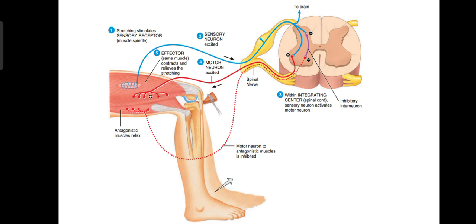A stretch reflex is a spinal reflex with one sensory neuron synapsing with one motor neuron. The sensory receptor is the muscle spindle that detects stretching in the muscle, and the action will be contraction of that muscle to decrease overstretching of this muscle.